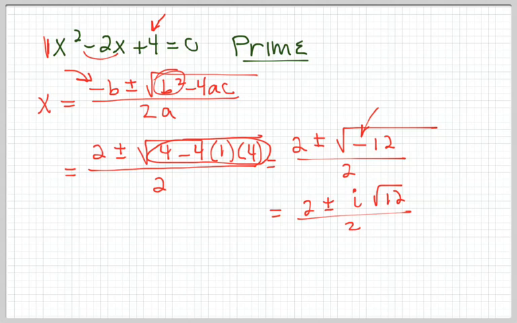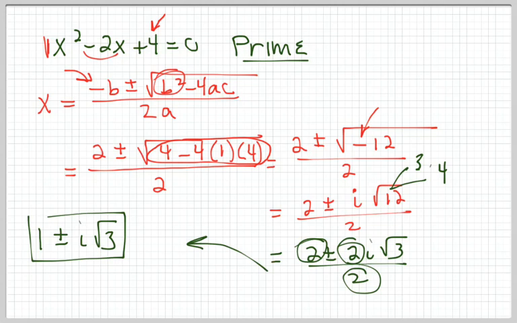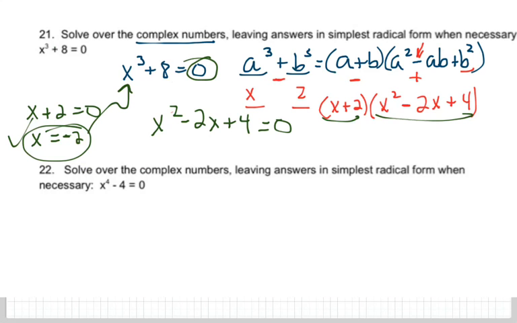That 12 is going to factor as 3 times 4, so we can take a square root of 4 and get a 2 on the outside. 2i root 3 all over 2, leading us to our final answer. Each term here is divisible by 2, so dividing those by 2, we get these answers, 1 plus i root 3 and 1 minus i root 3.